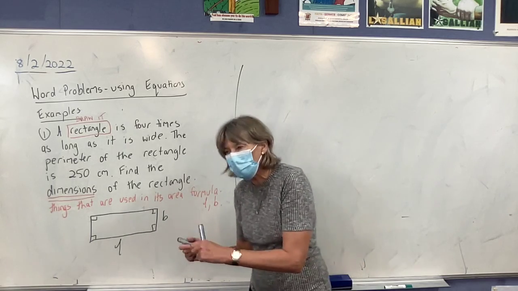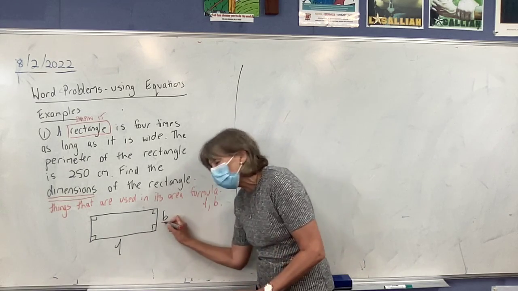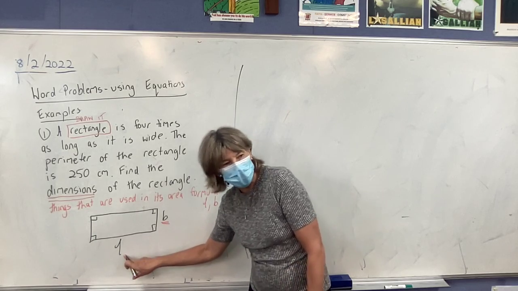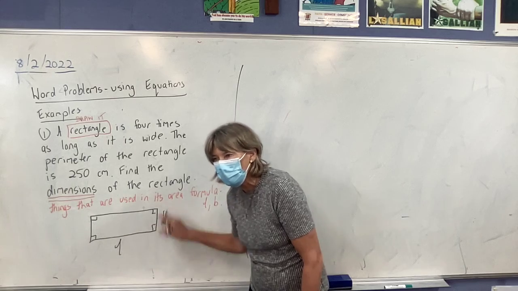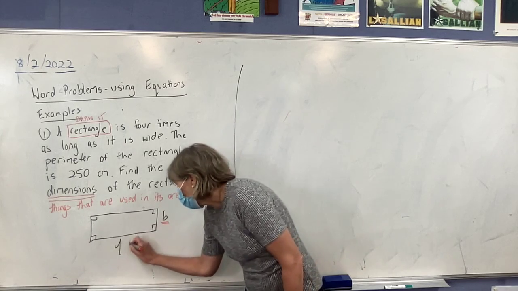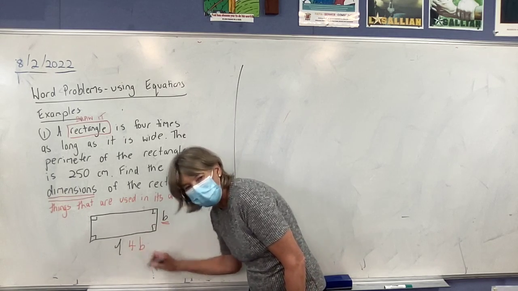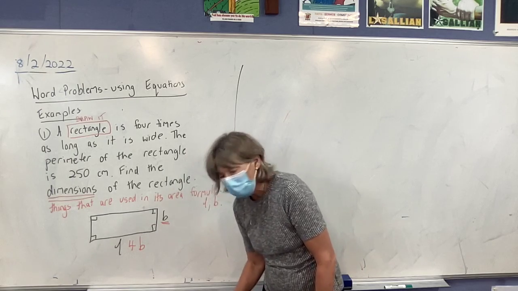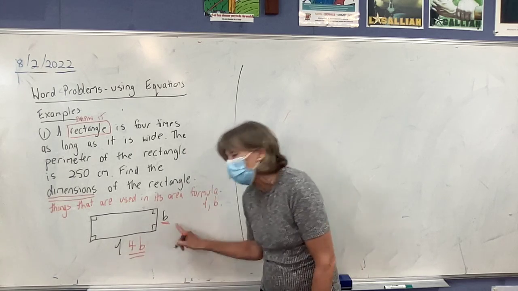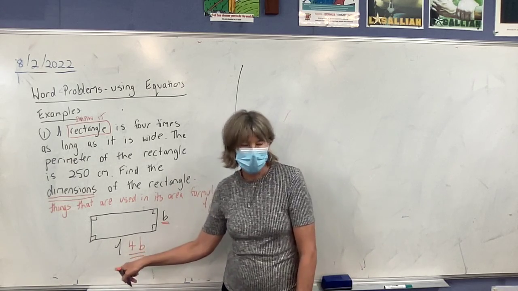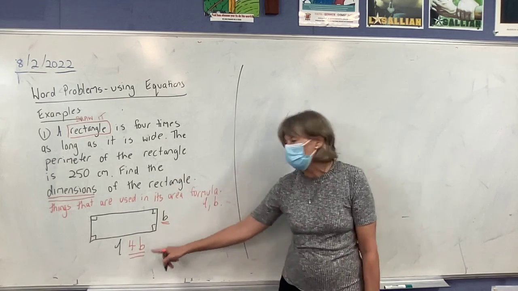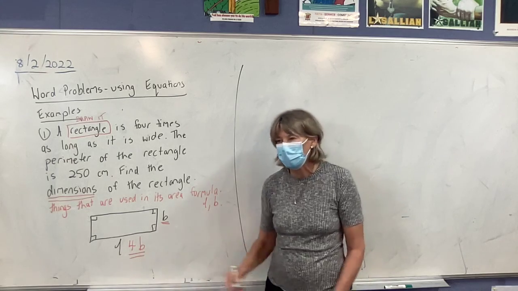So if you look at this as its width, I'm going to leave that alone, but they're telling you that this length is 4 times the breadth. So we can write this as 4B. All right? So they're the two things we're going to be using from now on. We don't need the L, because they've told you that the length is 4 times the breadth or the width, and there it is.